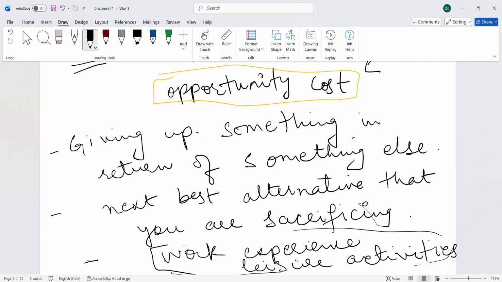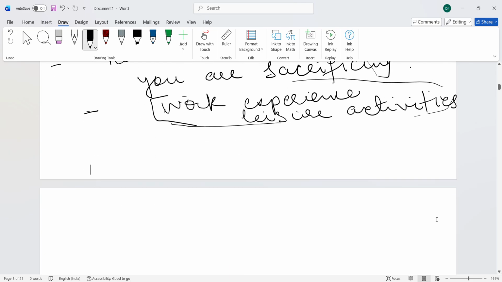Now, the big idea that I want to put forward from here is scarcity and choice.